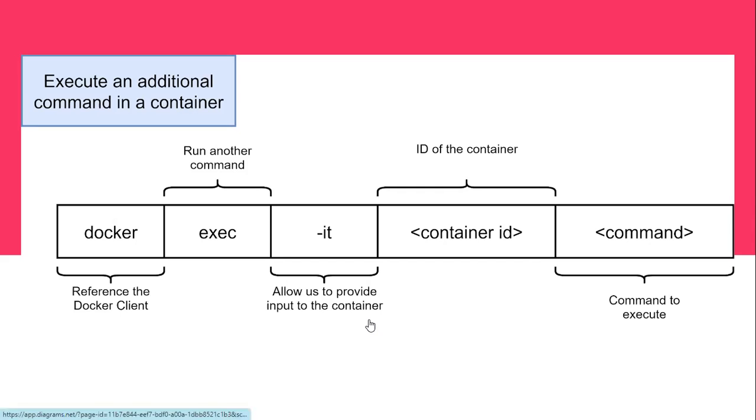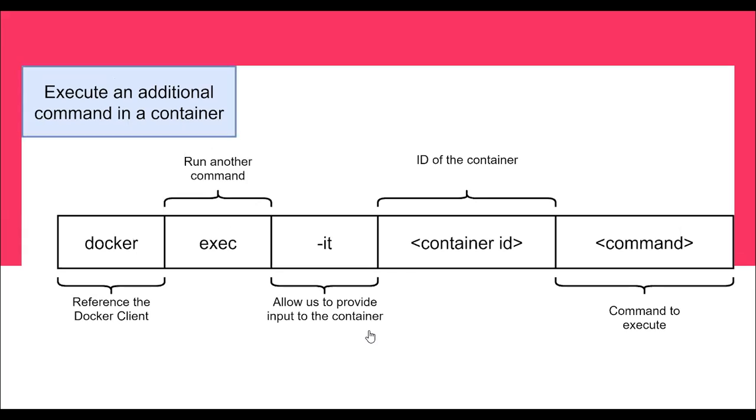So let's try running this command: docker exec dash it, then the container ID. Since we are using PowerShell, we can use it as such. Yeah, so now you can see you are inside the nginx container. If you do pwd, then you are currently in the root directory.